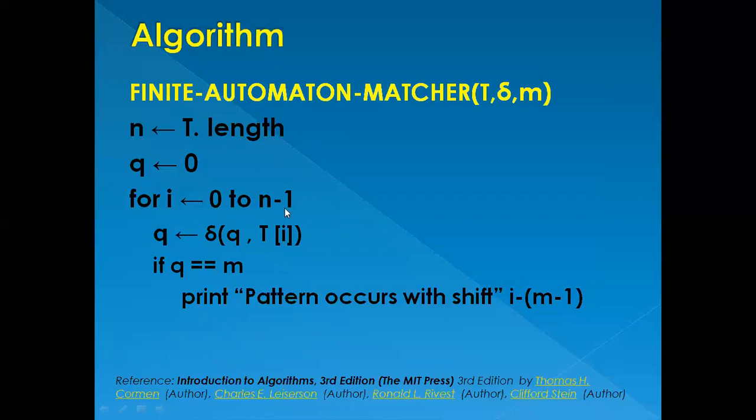Then there is a statement which says Q gets the value of delta of Q comma T of I, the transition. And then the next statement is, if Q equals M, then print that the pattern occurs at shift, and this will be the location at which the pattern occurs.